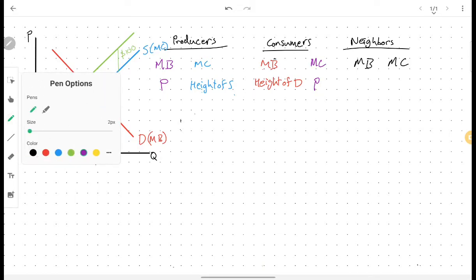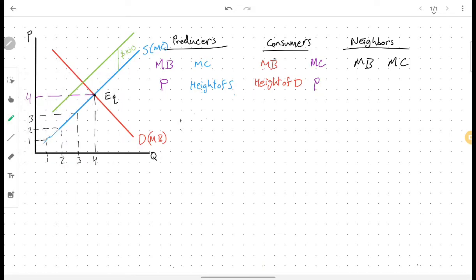And then we'll go up above and we'll look at the marginal values. Well, the marginal value of the fourth one for the consumer is the height of the demand curve at 4, which is just 4,000. Okay, so this would be the marginal benefit to the consumer of that fourth car is $4,000.